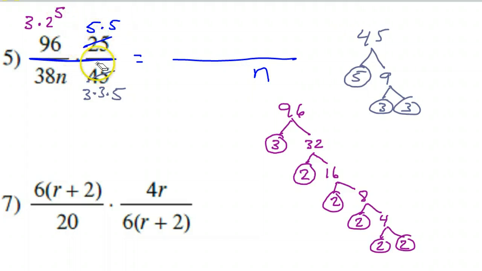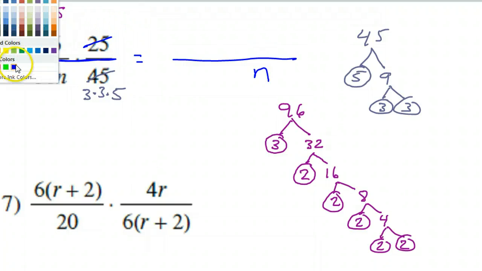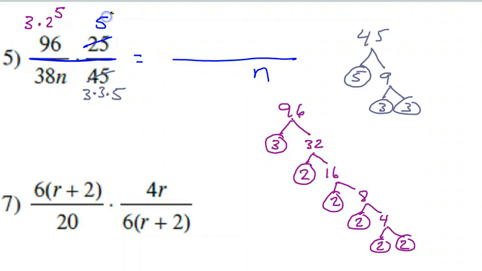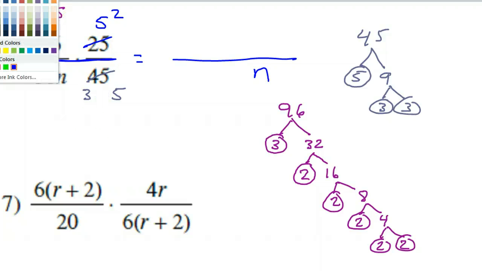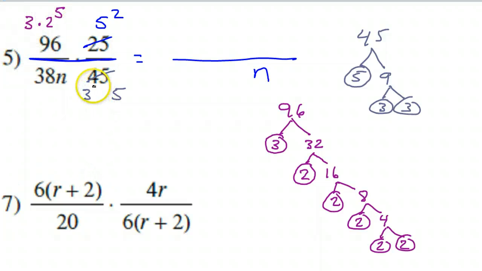And let me be consistent if I'm going to do that. So 5 times 5, I could write that as 5 squared. And like I said, 3 times 3 times 5, I can write this as 3 squared. Okay, prime factorization.